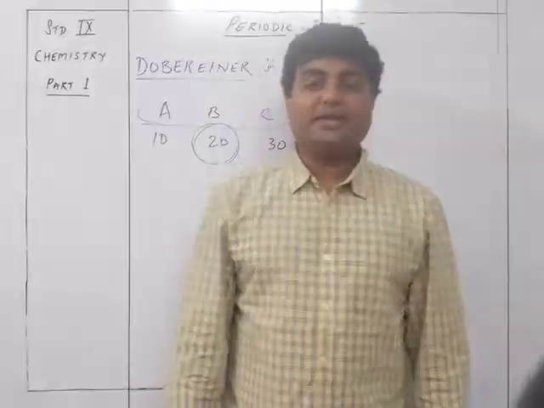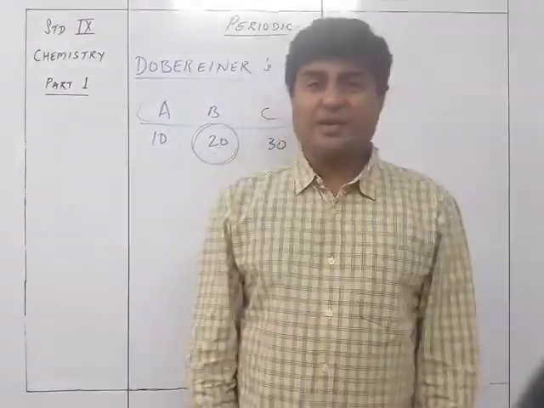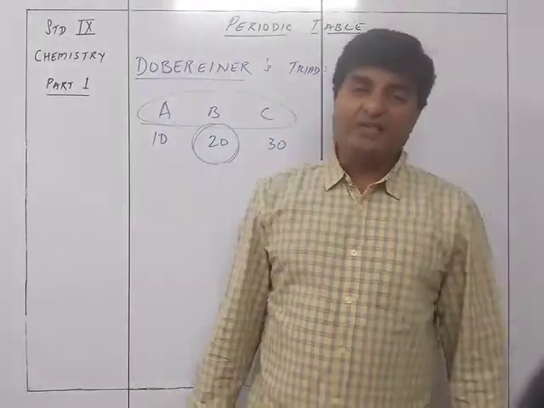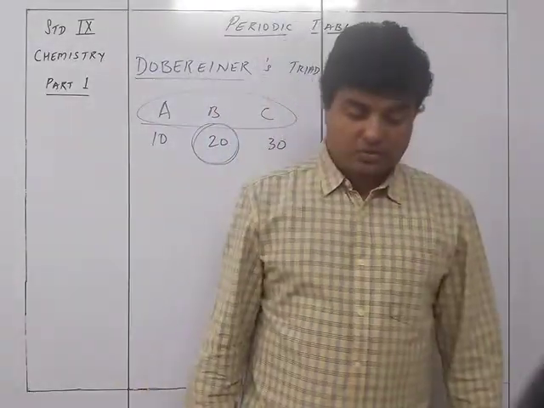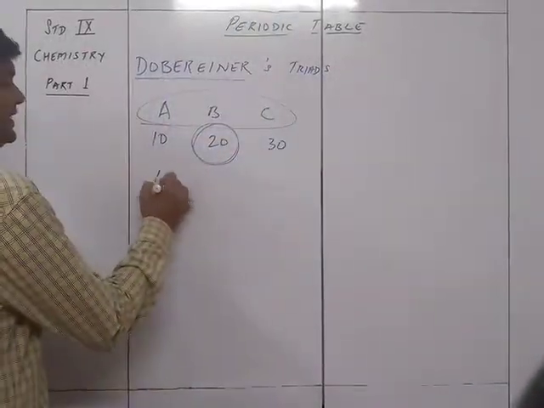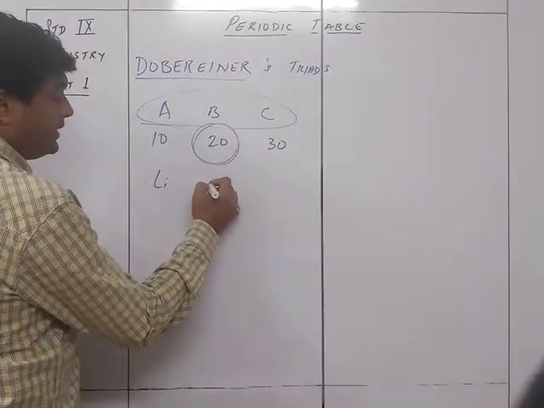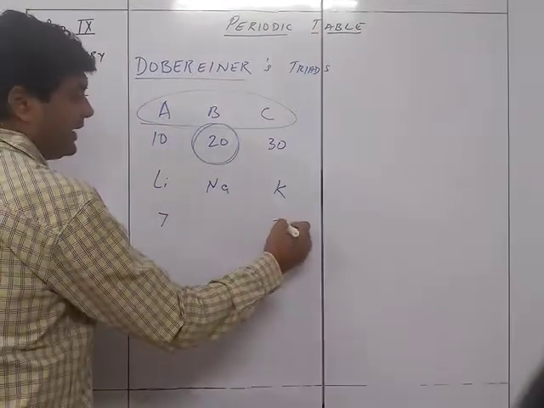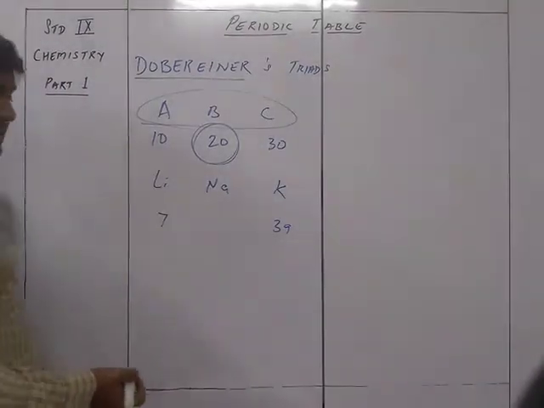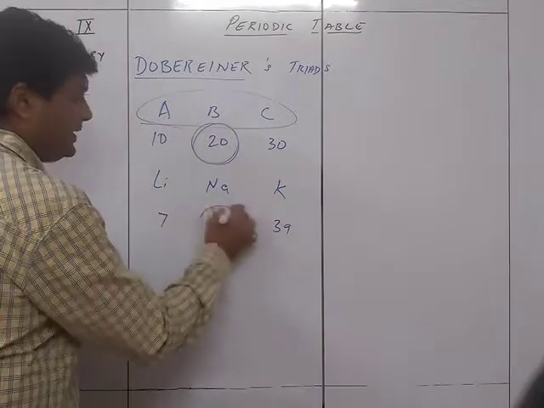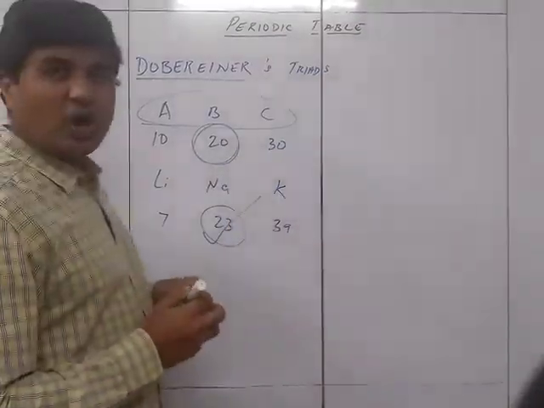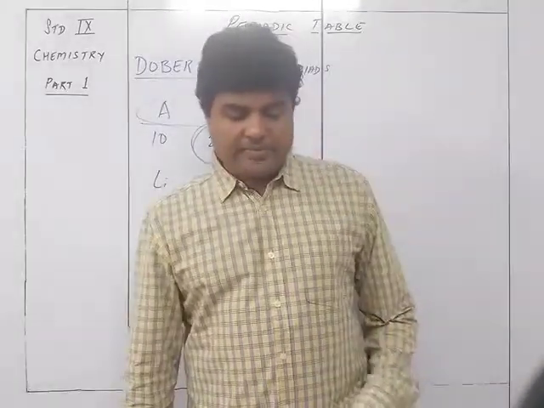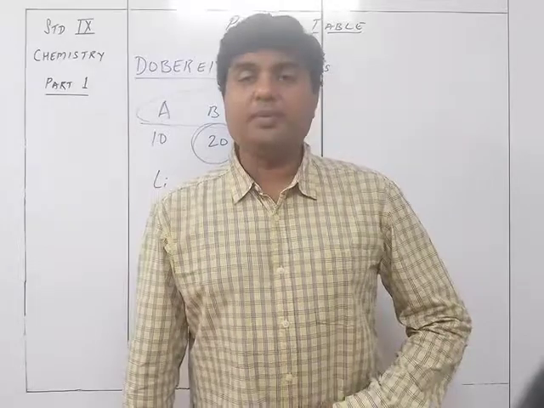The example given here is lithium, sodium and potassium. Lithium is 7 and potassium is 39. 39 plus 7 is 46, so the mean is 23. And it is correct that sodium has an atomic weight of 23. So the atomic weight of sodium is the average of lithium and potassium.